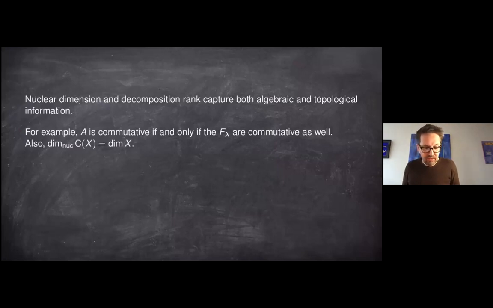Okay, and then as I already mentioned, if A is unital and commutative, it's of the form C(X) for X a compact Hausdorff space, and then the nuclear dimension of C(X) is just the dimension of X. Okay, and this also works in the non-unital case, of course.